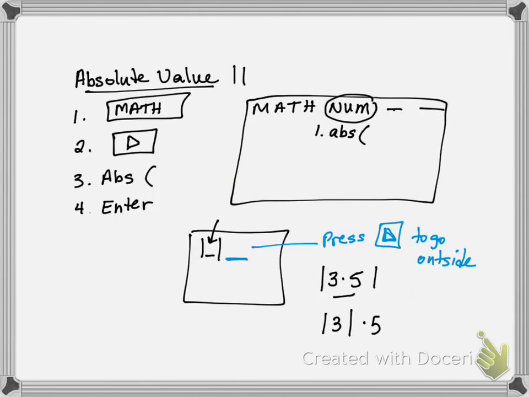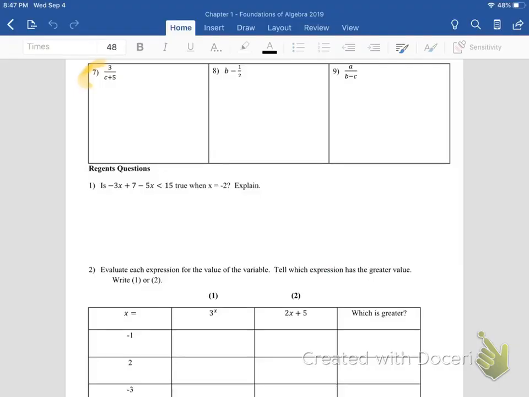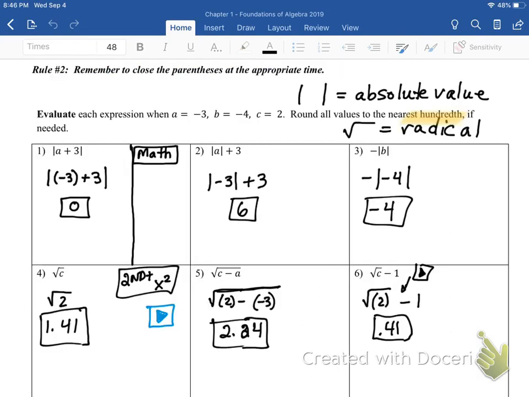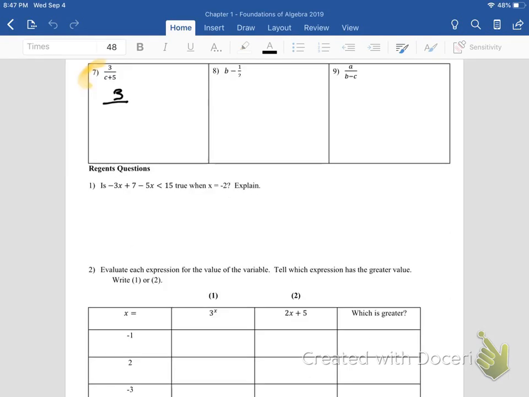So keep that in mind when you're doing the problems. So when you do 3 divided by, what was C? I completely forgot. 2. It's 3 divided by 2 plus 5. You'll write this, but on the calculator, make sure you're writing 3 divided by parentheses 2 plus 5.